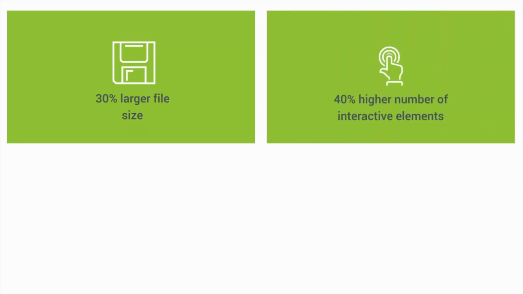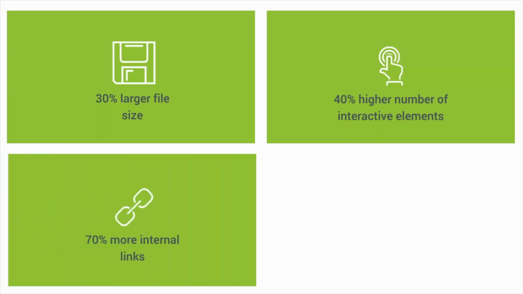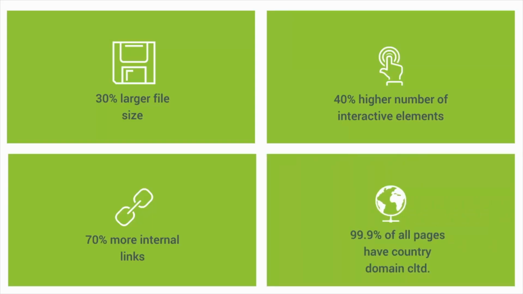They also have a 40% higher number of interactive elements on the site, distributed across the whole site. They also have 20% more internal links, which totally makes sense because you have category listings and product listings, and you internally link everything together. And nearly 99.9% of all pages have a country domain, so this would be .com or .co.uk or .de in Germany.